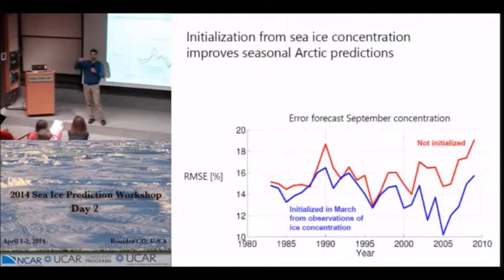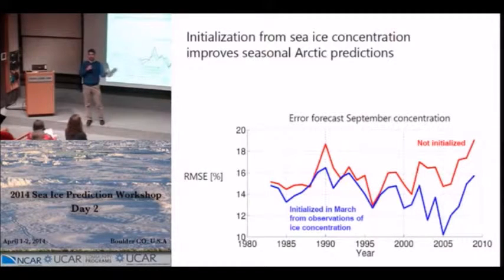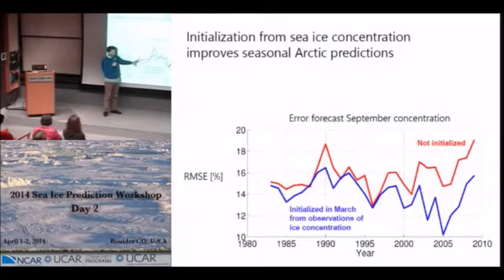So we use the information of ice concentration here indirectly, and here we use it twice because we assimilate concentration and we run with a prescribed atmosphere, which is itself based on the ice concentration products. So this is just showing the pure sensitivity of the seasonal hindcast to initial conditions. The only difference between the two is the change in initial conditions in March.